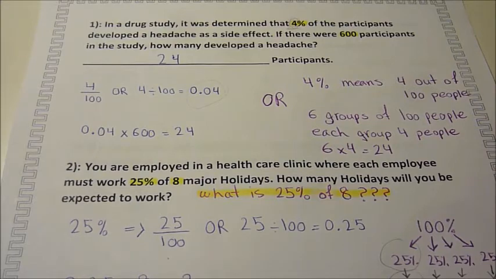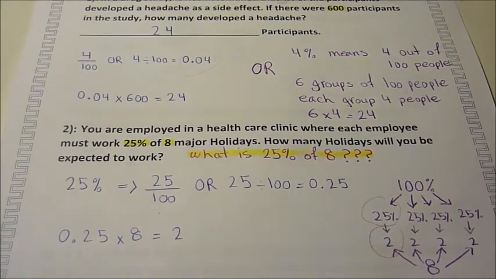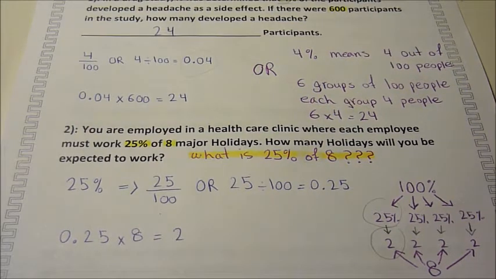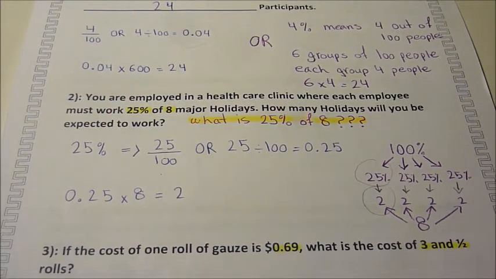Our next question says, you are employed in a healthcare clinic where each employee must work 25% of 8 major holidays. How many holidays will you be expected to work? Basically, this question is asking you what is 25% of 8 in a more complicated way, and it has the same solution as the last question.